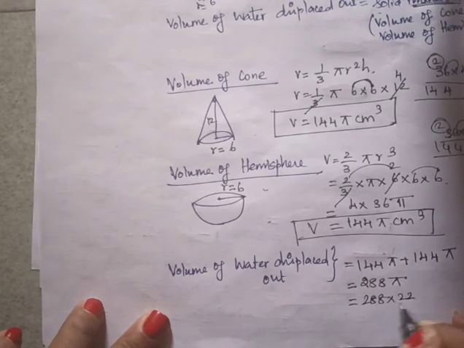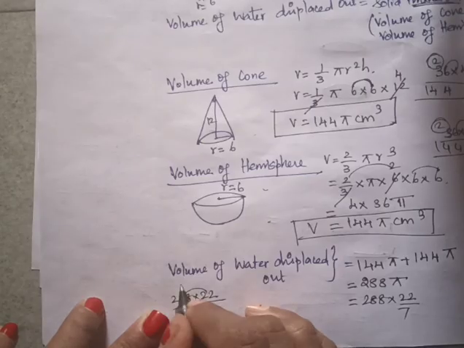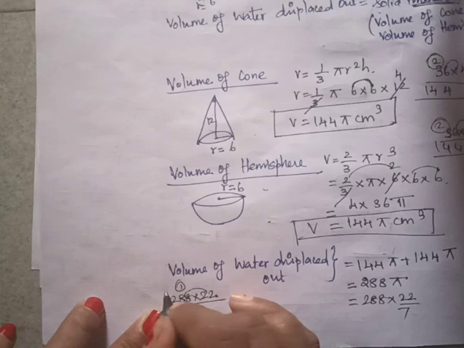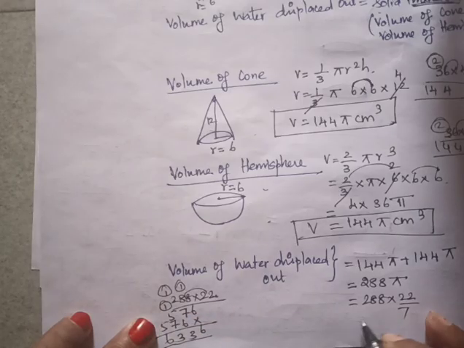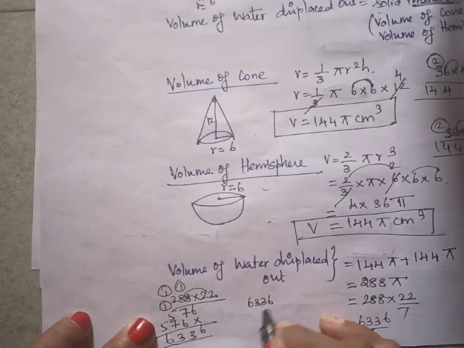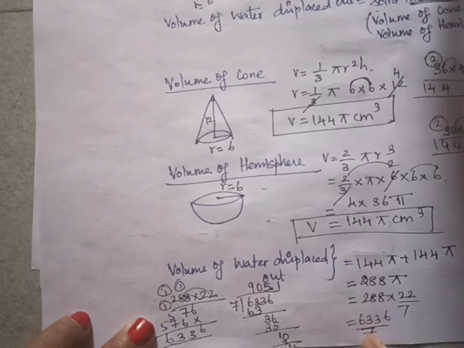288 pi into 22 divided by 7. 288 into 22. 8 2s are 16, remaining 1. 8 2s are 16 plus 1, 17, remaining 1. 2 2s are 4, 4 plus 1, 5. 5 7 6, 6 13, remaining 1, 3 3. 6 3 3 6 divided by 7. 9 7s are 63, 0. 5 7s are 35, remaining 1. 1 7s are 7, remaining 1.